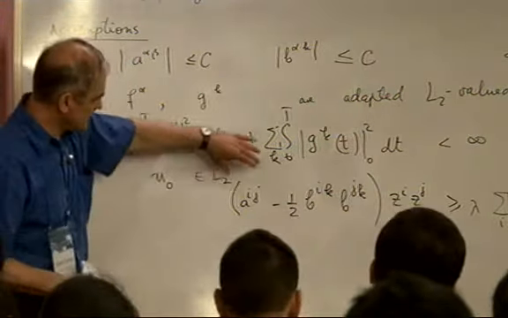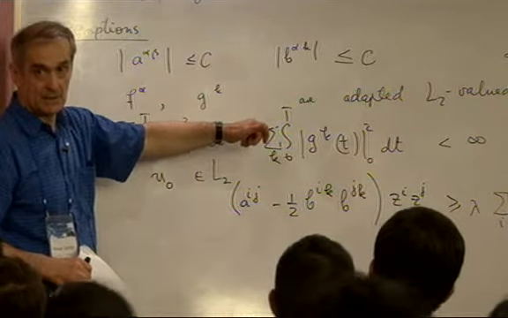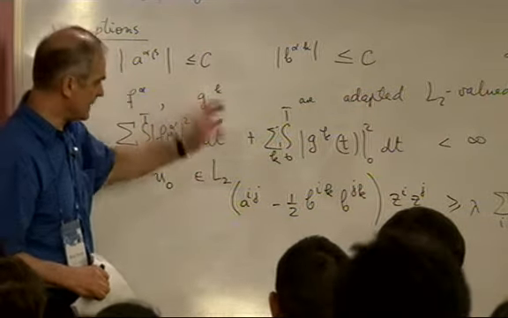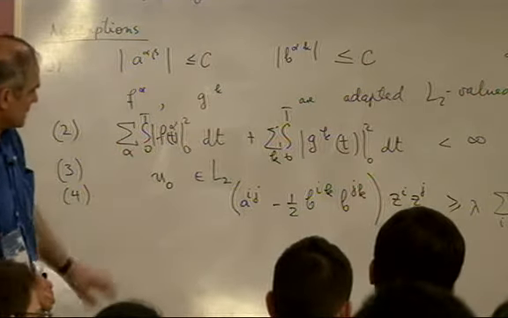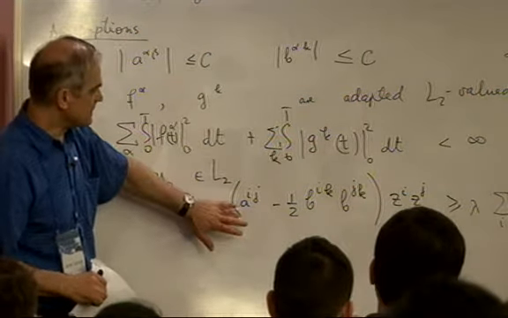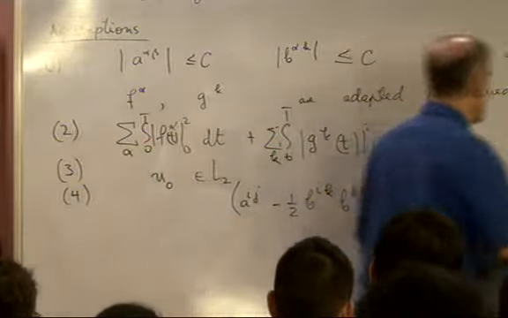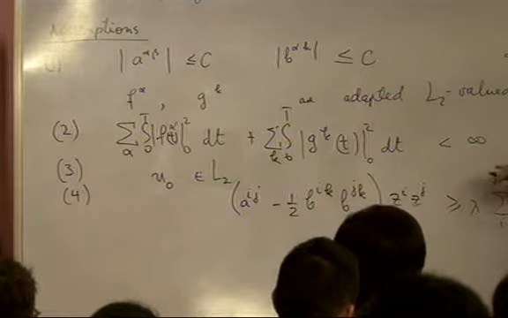So this is the ellipticity condition which we have seen this morning, but that was the one-dimensional case. In the multidimensional case, this is how it looks. And as we have seen, this is a necessary condition to have solvability. Here lambda is a fixed positive constant.